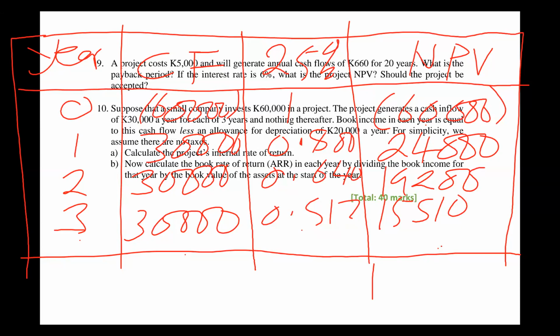Yes, that's way better. At least this NPV is small. It's negative 1,290.